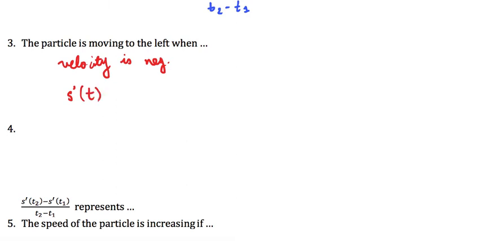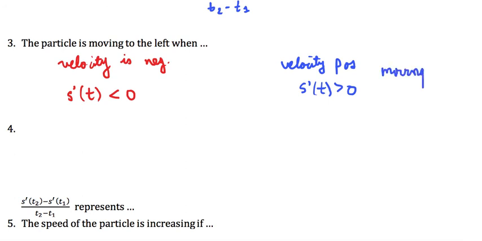So this is the velocity. Whenever the velocity is negative, that's when the particle is moving to the left. And of course, we could add on to that, when the velocity is positive, so that s prime of t is greater than 0, then the particle is moving to the right.